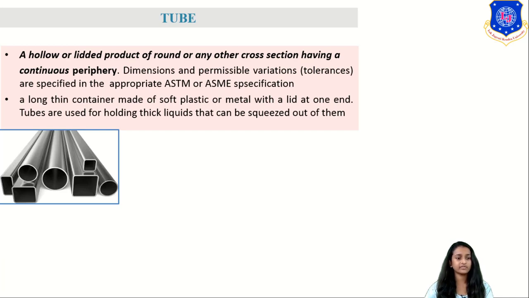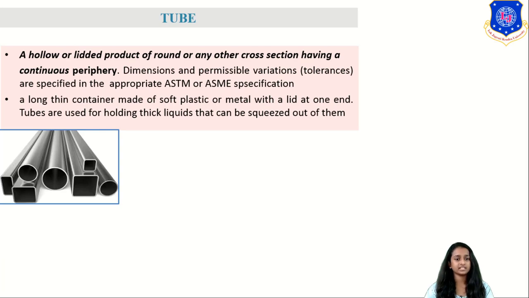As you can see from the figure, the cross-section can be square, rectangular, or circular. So what is a tube? A tube is a hollow or leaded product having a round or any shaped cross-sectional area with a continuous periphery.